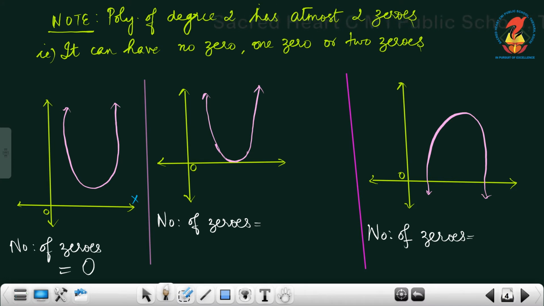Now, here the parabola touches the x-axis at one point. So, we can say that there is one solution for the quadratic polynomial. And case 3, here the parabola touches the x-axis at 2 points. So, the number of zeros will be equal to 2.